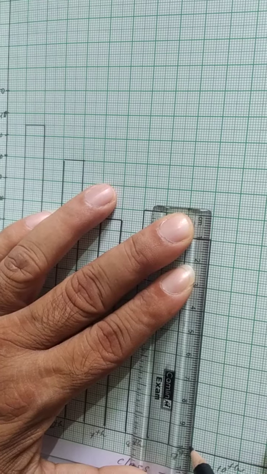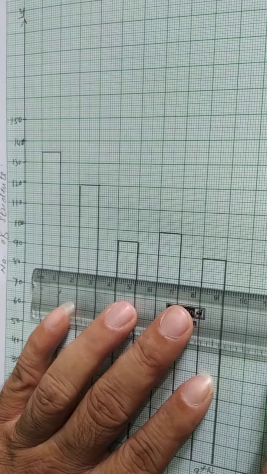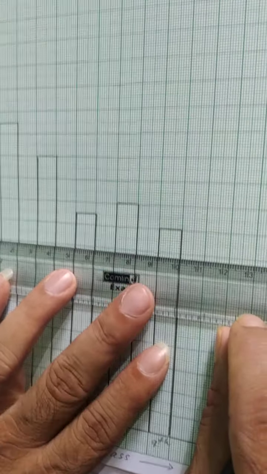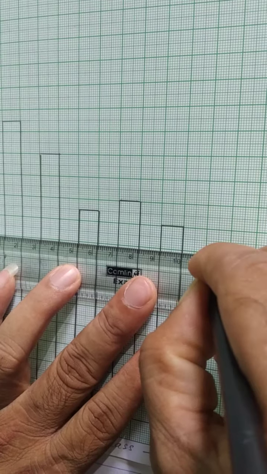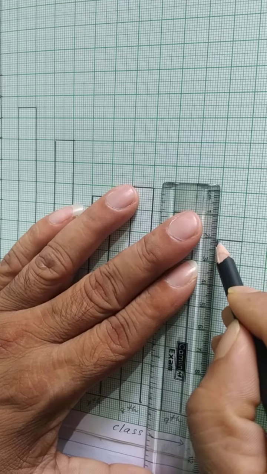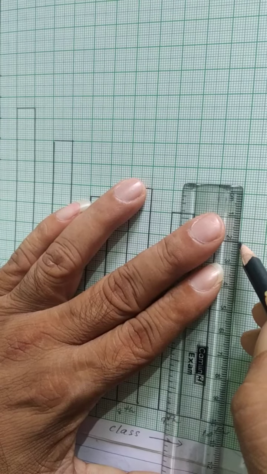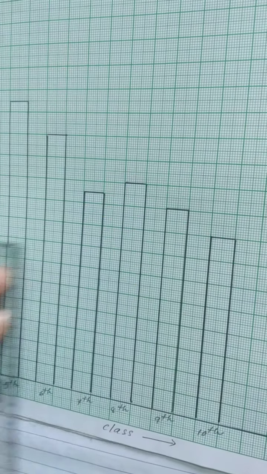And last one, standard 10th. How many? 80. Got it?